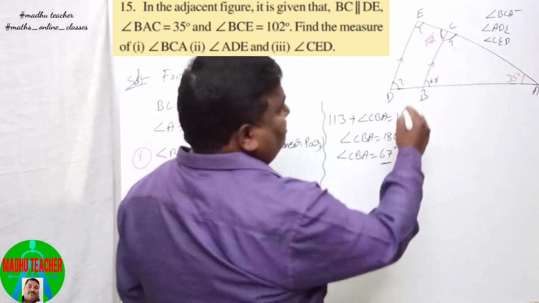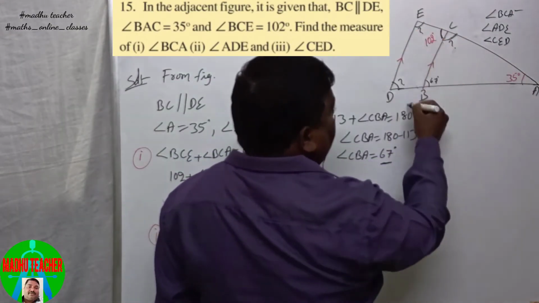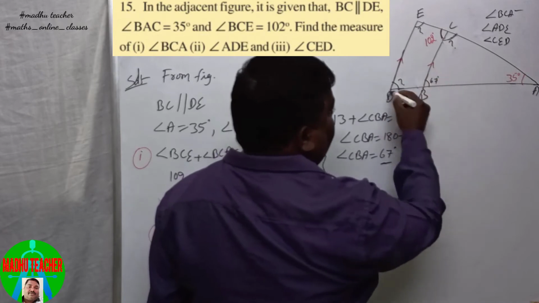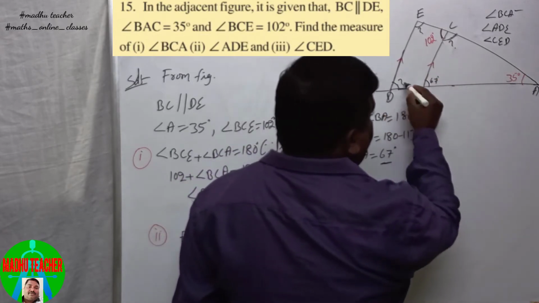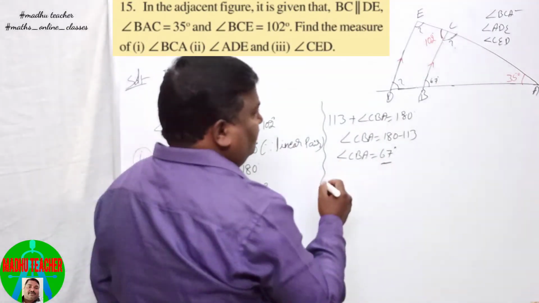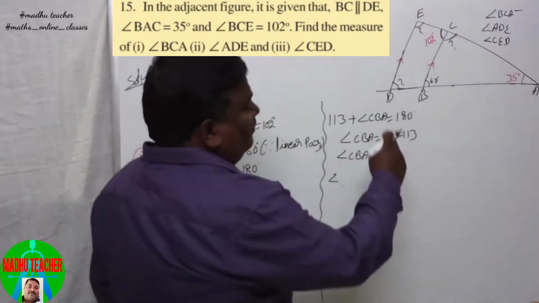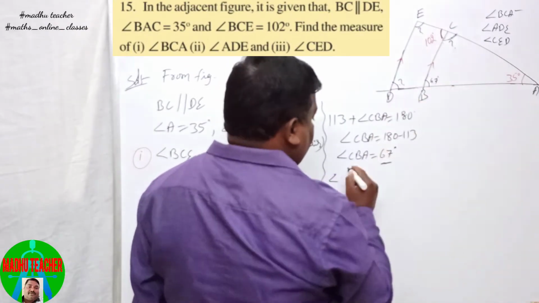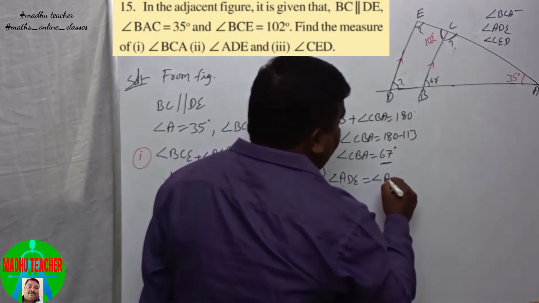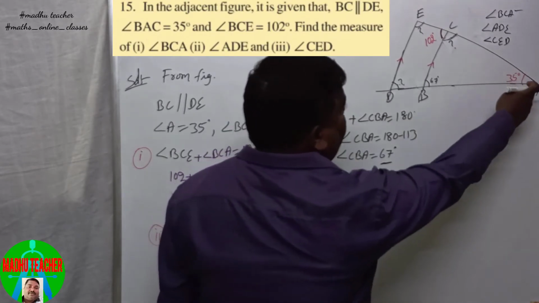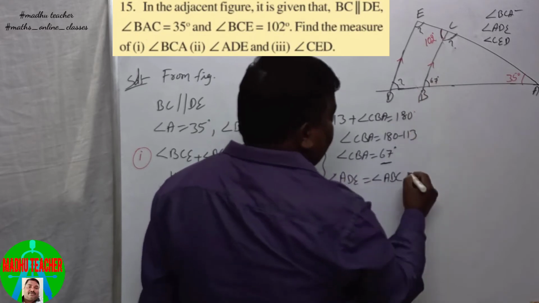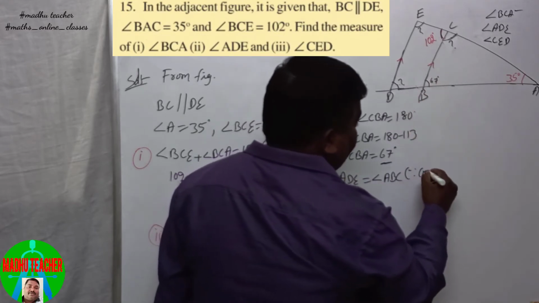By observing, these two lines are parallel, and this is the transversal. Therefore these two angles are corresponding angles. Therefore angle ADE equals angle ABC, this angle equals this angle, since they are corresponding angles.